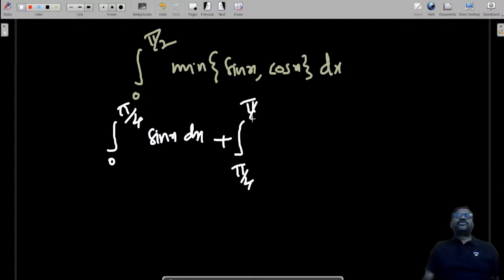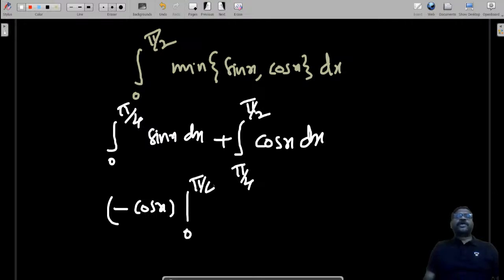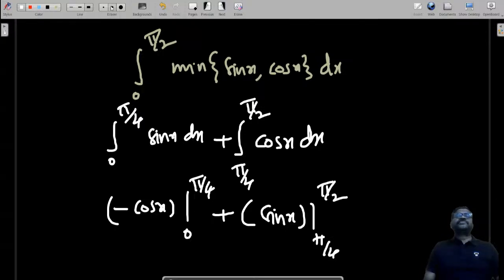From pi by 4 to pi by 2, cos x is minimum. Integral sin x is minus cos x, 0 to pi by 4. Integral cos x is plus sin x, pi by 4 to pi by 2.